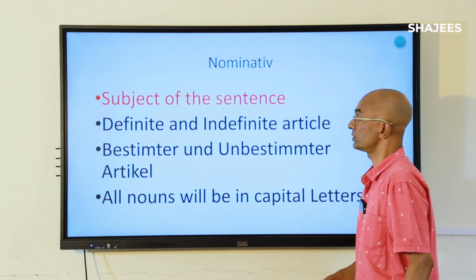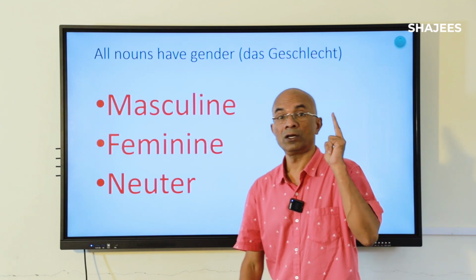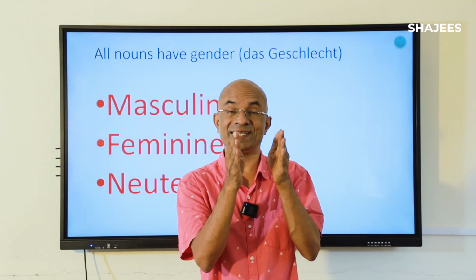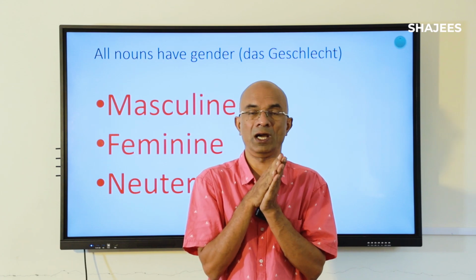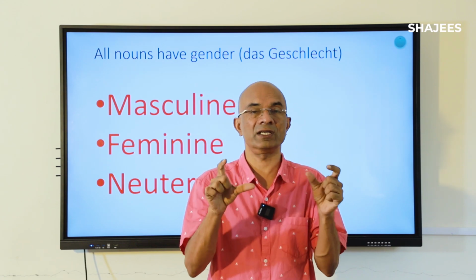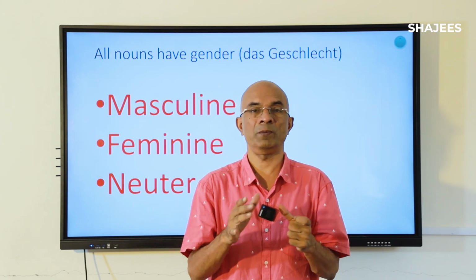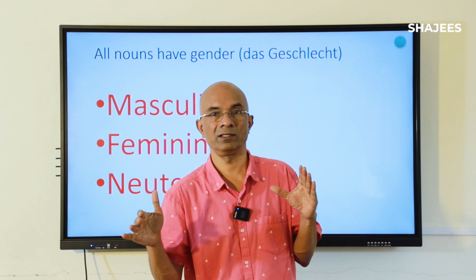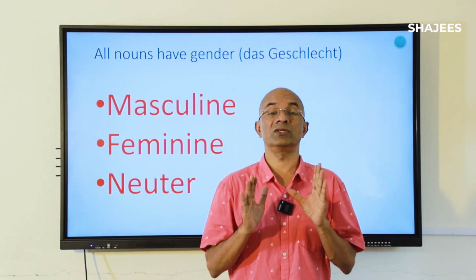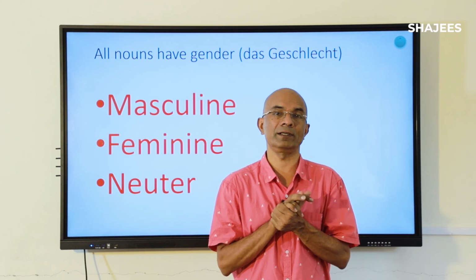Now when we look at other topics like nouns and genders, the three genders that we know already are masculine, feminine, and neutral. And there is a big problem here. What's the problem?